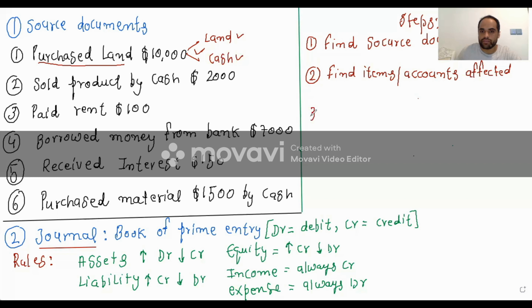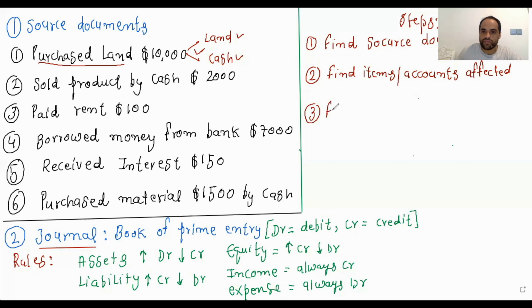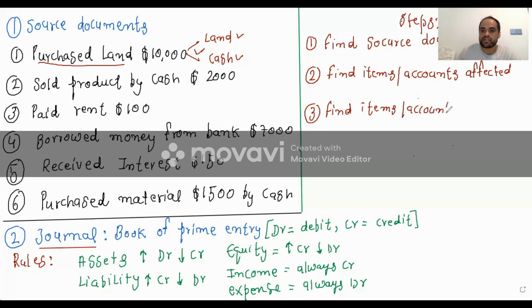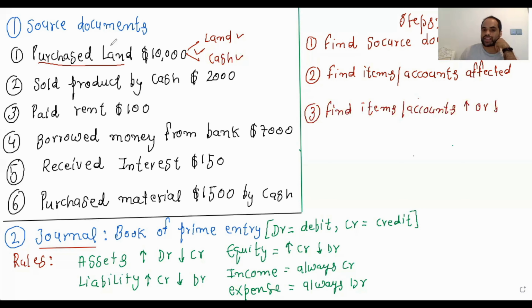Step number 3, then find whether these items or accounts increase or decrease. So for example, when you purchase land, increase or decrease?